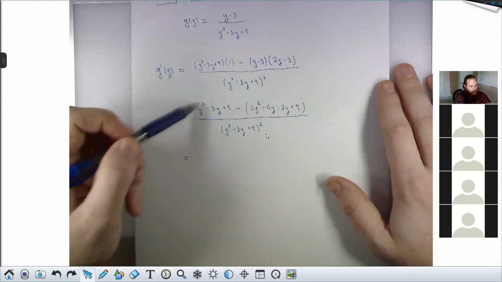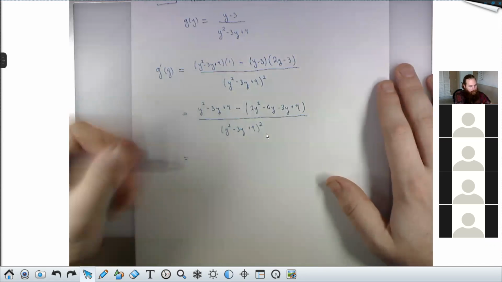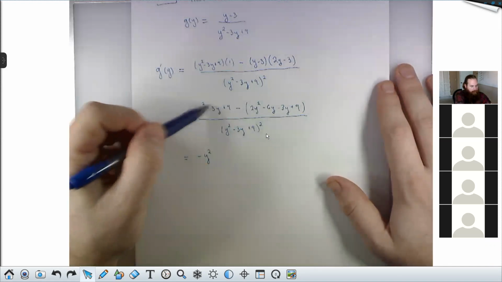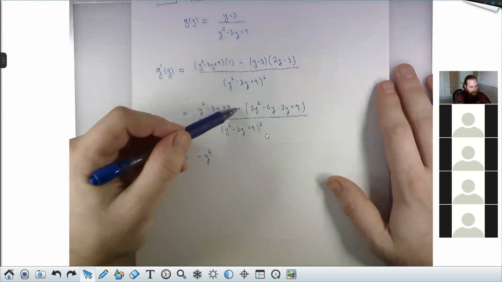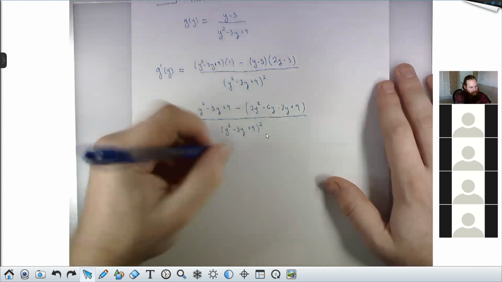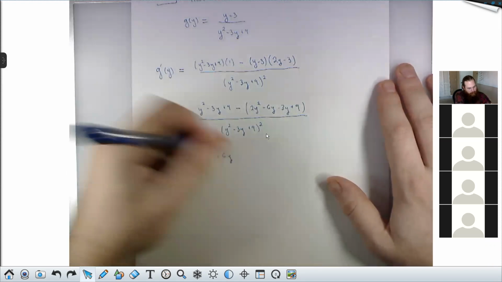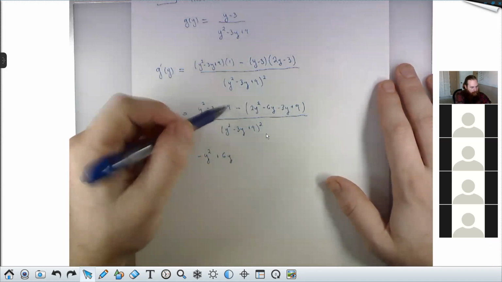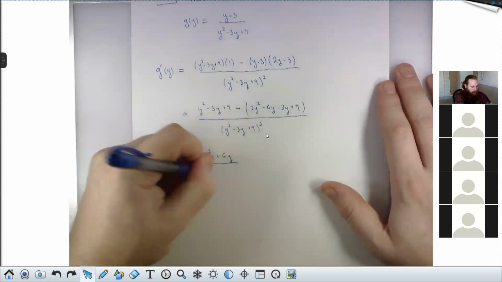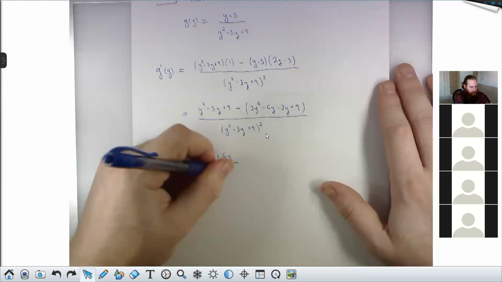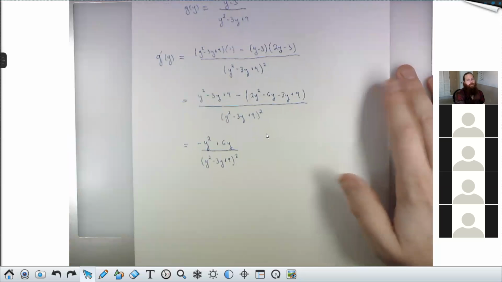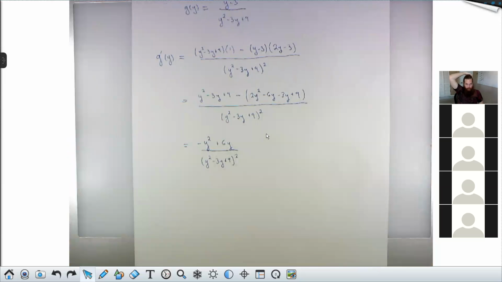My y squareds, I've got 1y squared here minus 2y squared there. That's negative y squared. I've got minus 3y here, minus negative 6y, minus 3y. That's going to be plus 6y. And then I've got plus 9 minus 9. So that's 0 all over y squared minus 3y plus 9 all squared. So if I want to set this equal to 0, what do I do?